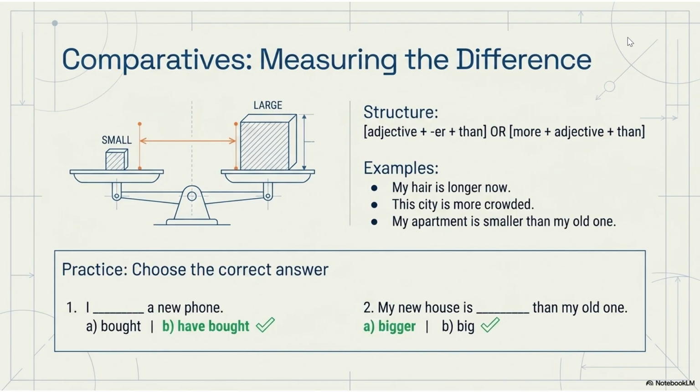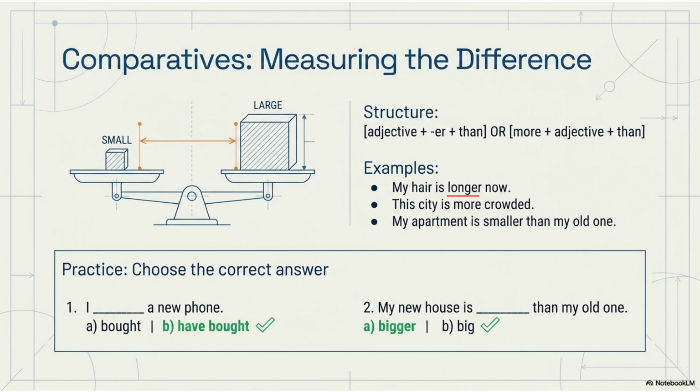Okay, we can also express change with comparatives. This is for me the most curious part of this lesson because we don't expect this, right? But let's look at this. For example, my hair is longer now.